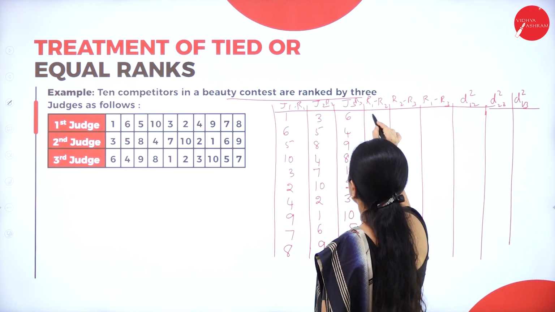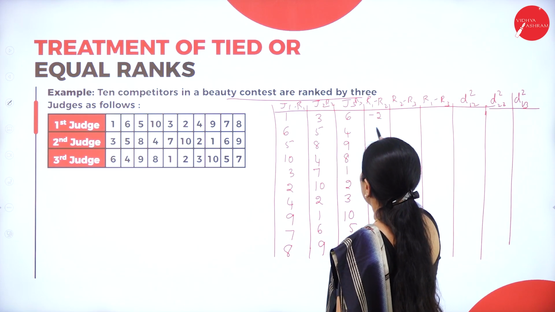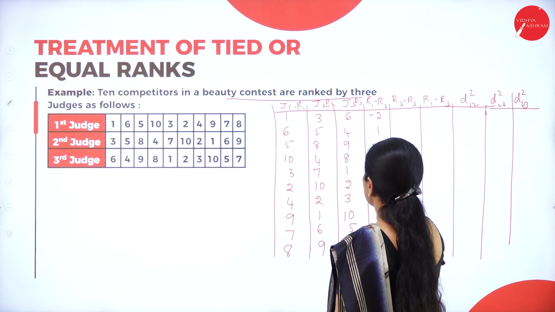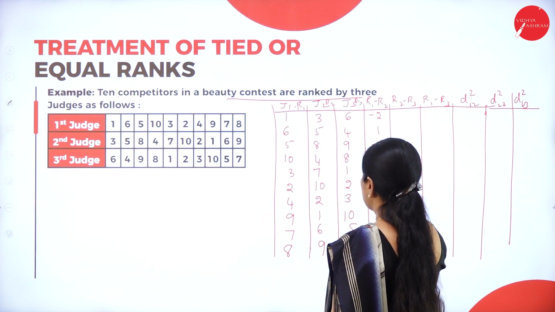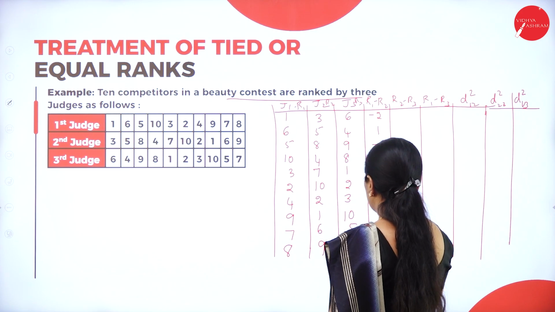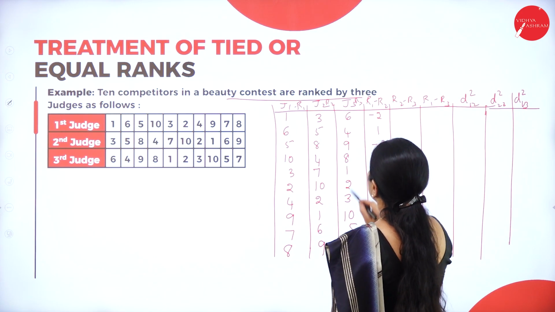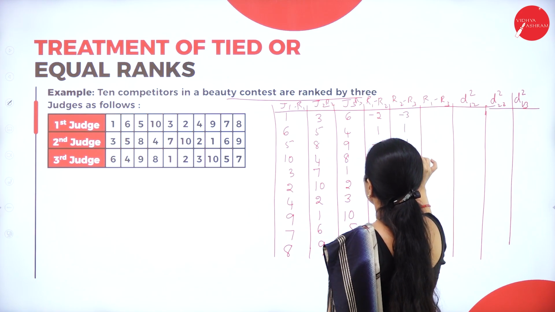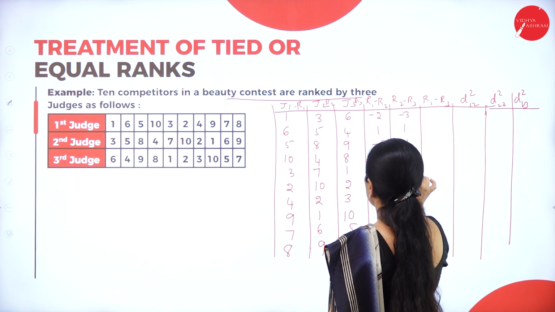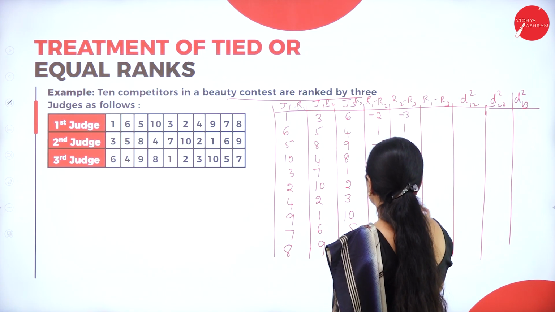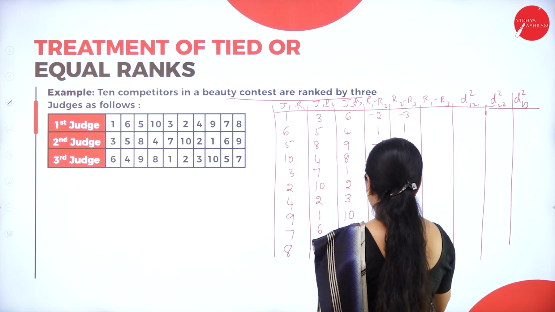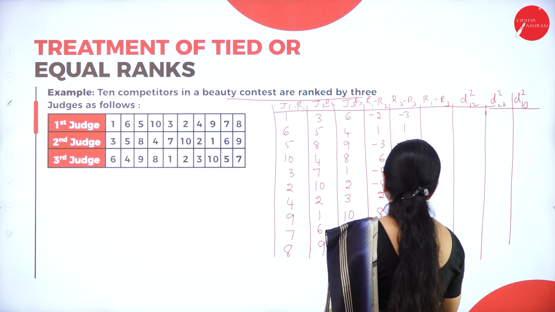So 1 minus 3 is minus 2, 6 minus 5 is 1, 5 minus 8 is minus 3, 10 minus 4 is 6. So minus 4, minus 8, 2, 8, 1, minus 1. Again minus 3, 1, minus 1, minus 4, 6, 8, minus 1, minus 9, 1, minus 2.